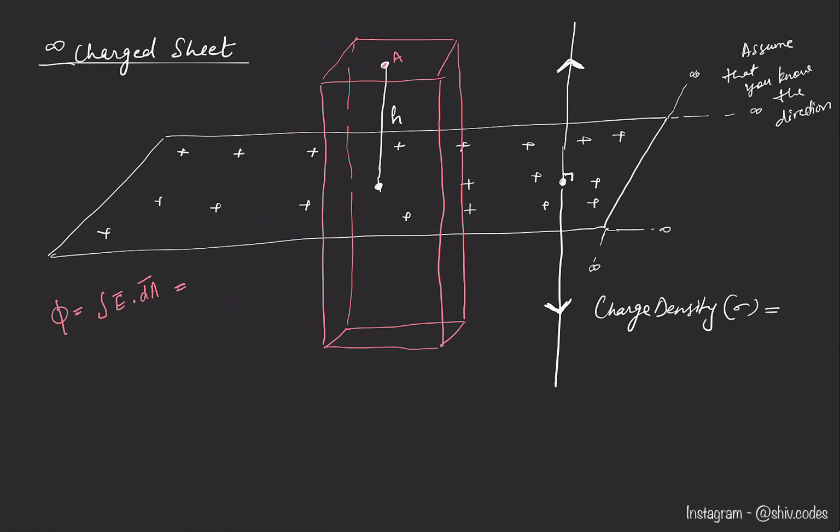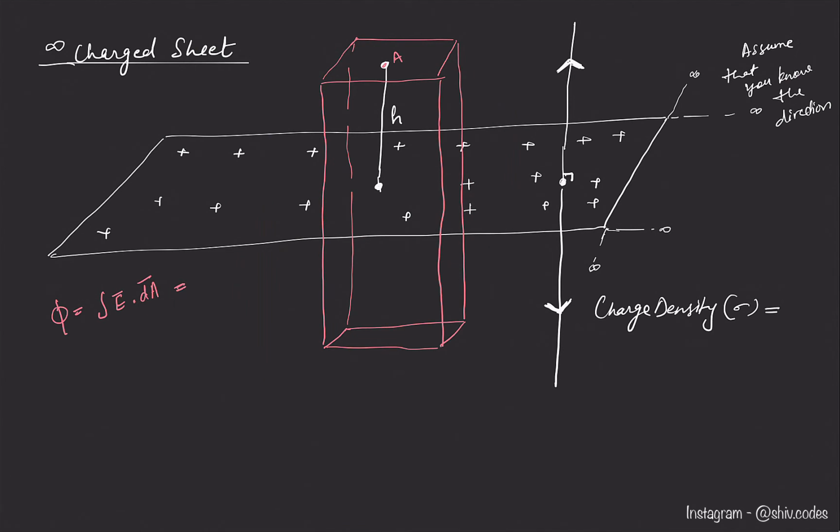Now how much charge is enclosed by this closed body? There is some portion of the sheet which would come inside this closed body. Let's say the length of the square that we created is L. So the area of the sheet that will come inside this closed rectangular surface is L square.